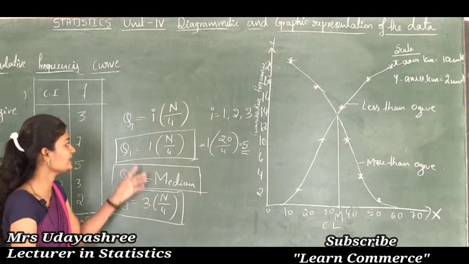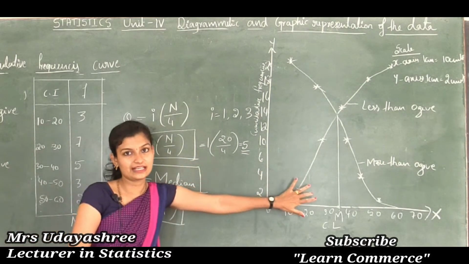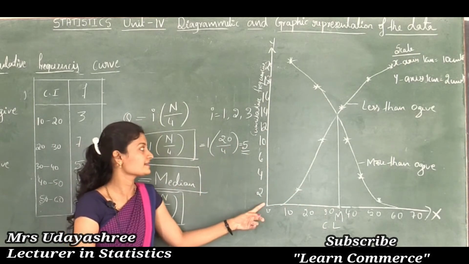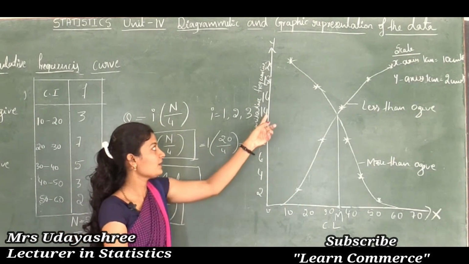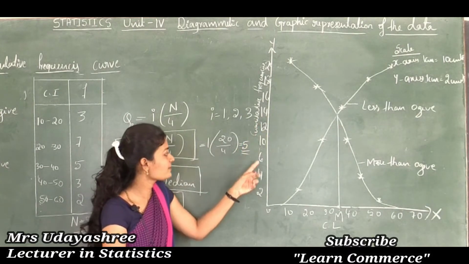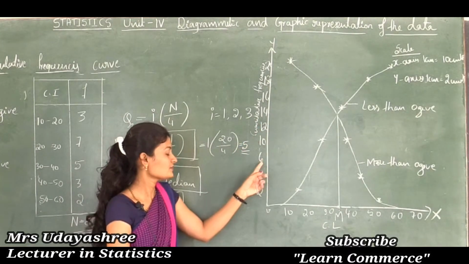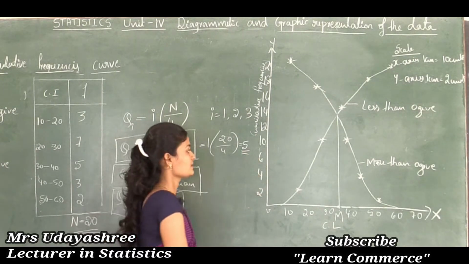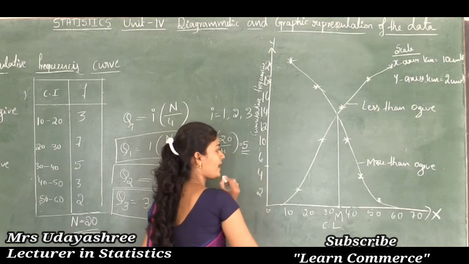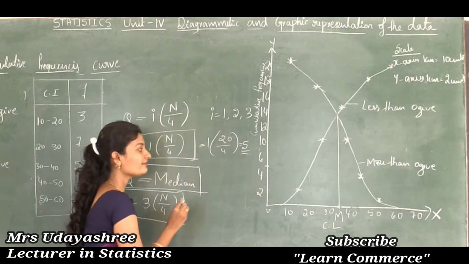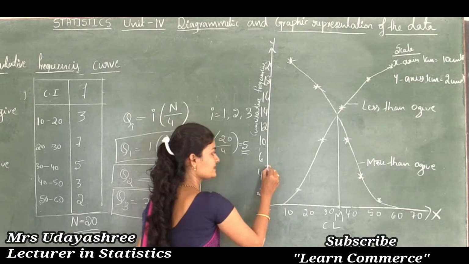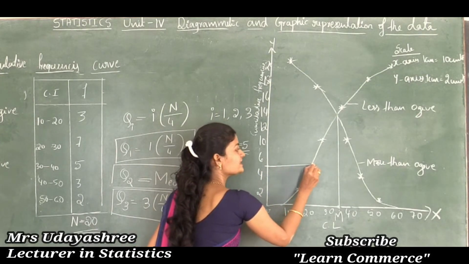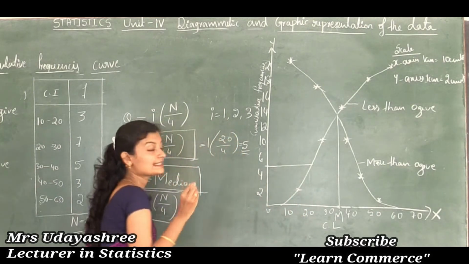So how do we locate this first quartile on this graph? First we need to find this value on the y-axis. This 5 comes in between 4 and 6, so here it is 5. After that, draw one line parallel to the x-axis like this, and this point touches the less than ogive.